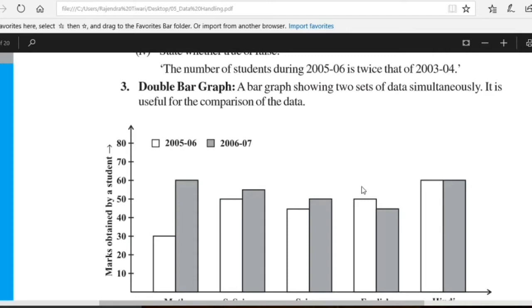It is useful for the comparison of data. Suppose you are a student and you want to compare your results of the previous 2 years. With this bar graph you can easily compare both years' results.